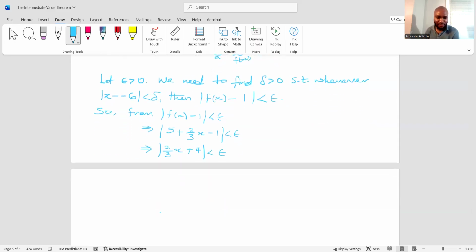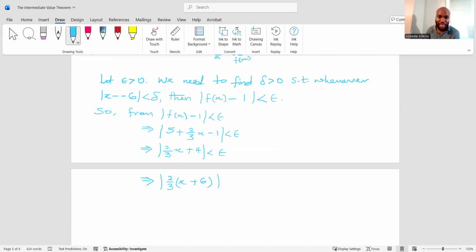Okay, let's see if we can factor that out. That implies that 2 over 3 into, I can say this is x plus, it turns out that here has to be 6. Look at this, 2 over 3 times 6, that is 3 here 1, 3 here 2, 2 times 2, 4. So that is what I should have there.